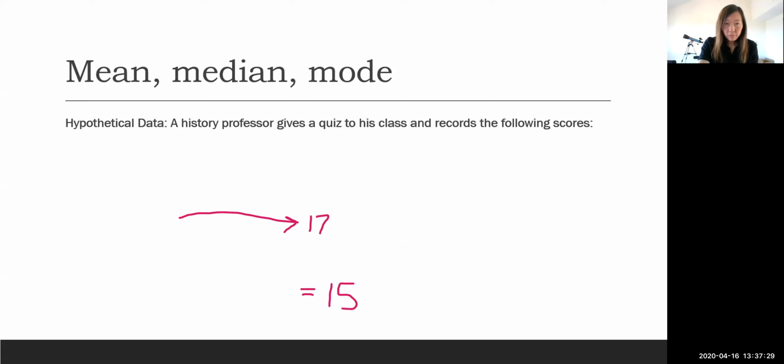Okay. So the mean, median, and mode. Let's look at an example. So let's say that I have hypothetical data that's been provided. These are data based on quiz scores for one particular class.